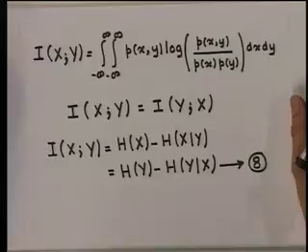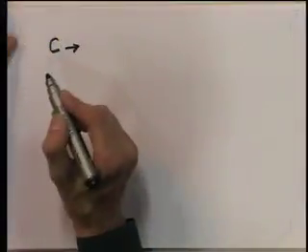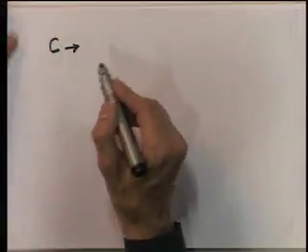Now, we proceed to calculate the capacity of a band limited additive white Gaussian noise channel. So, the channel capacity C is by definition the maximum rate of information transmission over a channel.